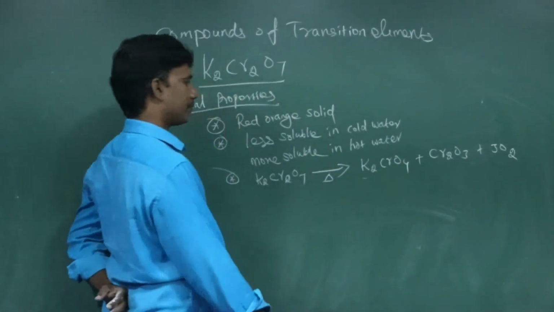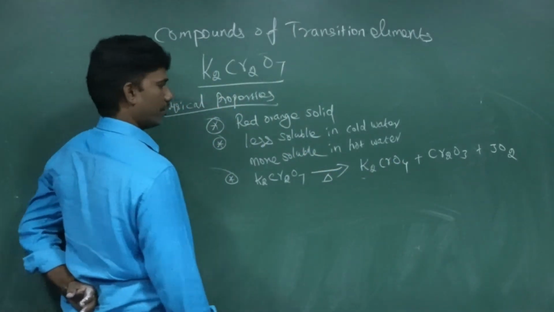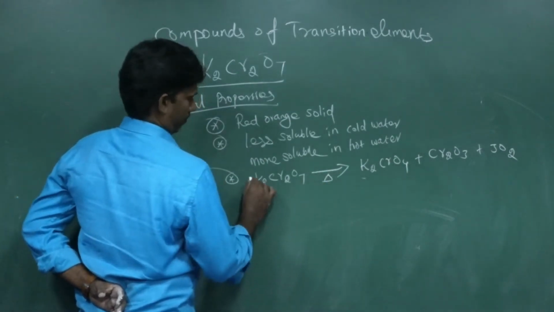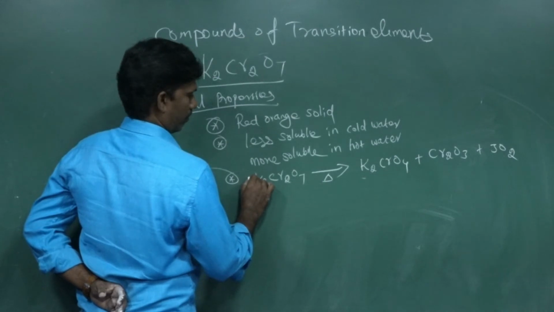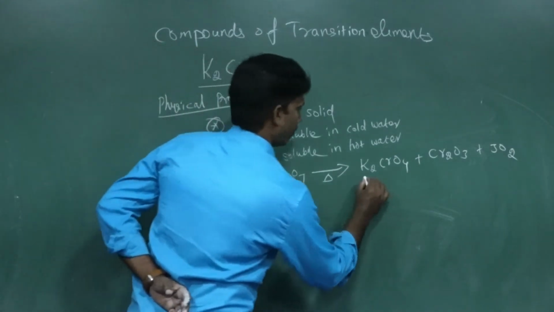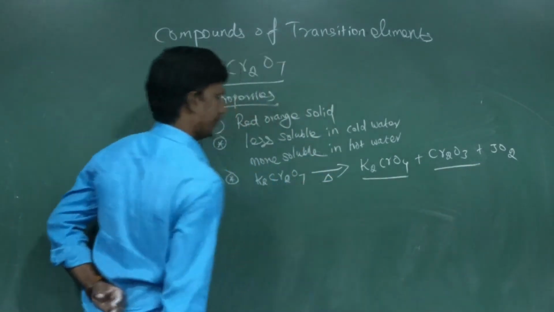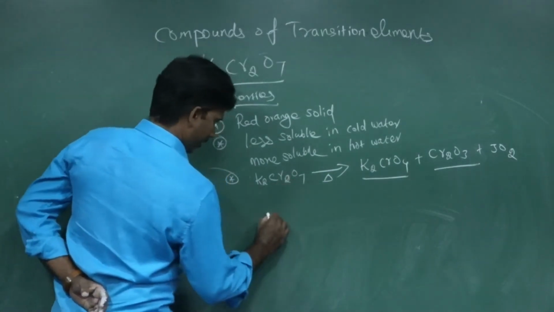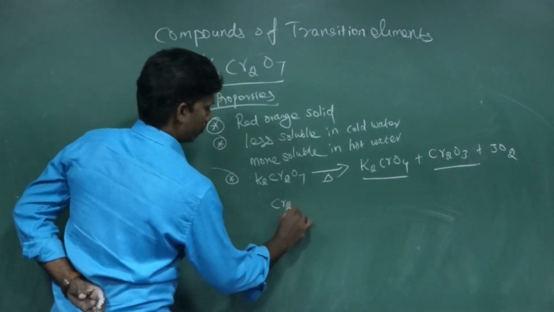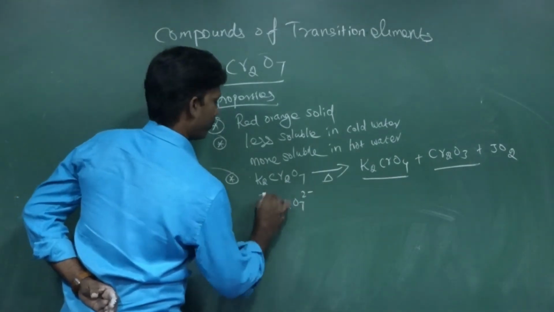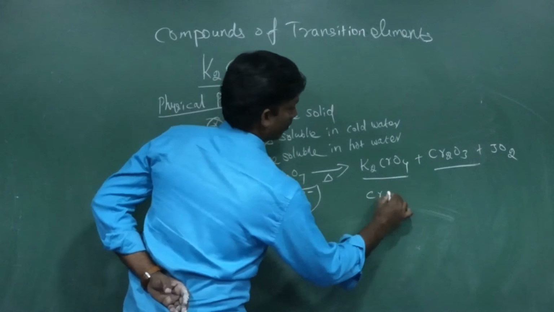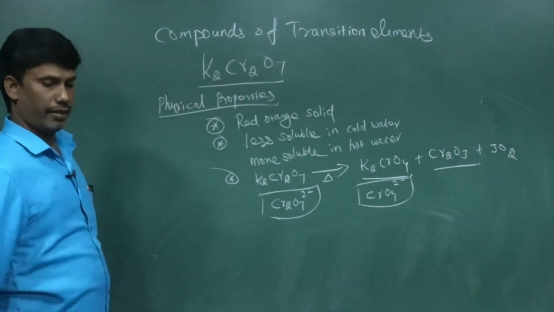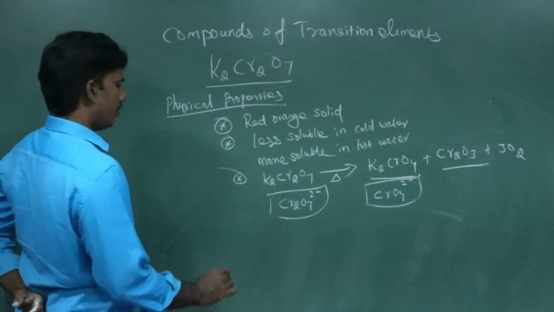Upon heating, this dichromate ion, whose ionic form you can write as Cr2O7 2 minus, gives the chromate ion. This is the chromate ion.